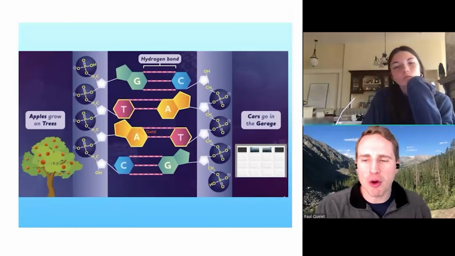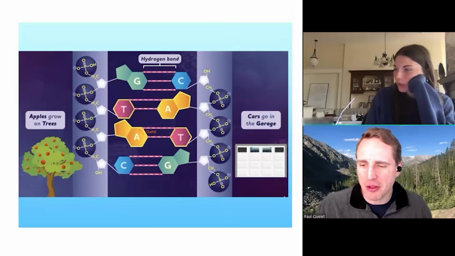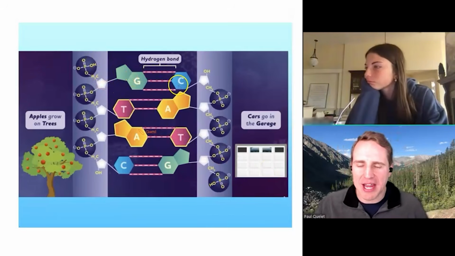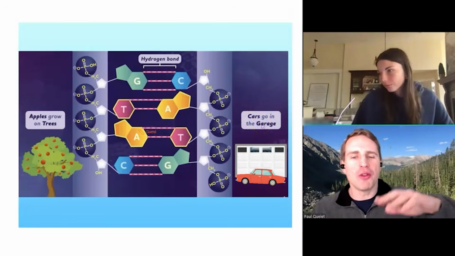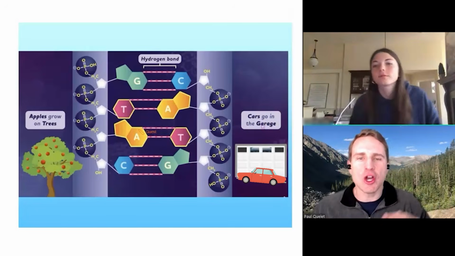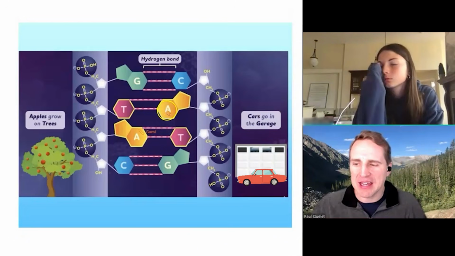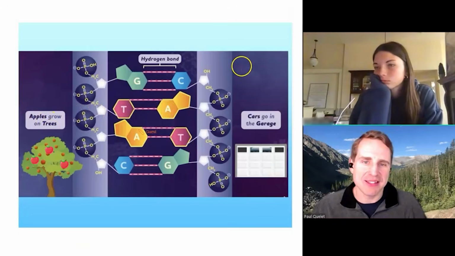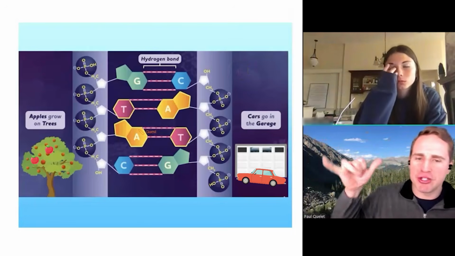Sometimes it's hard to remember A bonds to T and G bonds to C. So let me give you another little device. If guanine is bonding to cytosine, C and G, cars go in the garage, C goes with G. Whereas thymine always goes with adenine, so apples go on trees, A and T. So cars, garage, apples and trees.